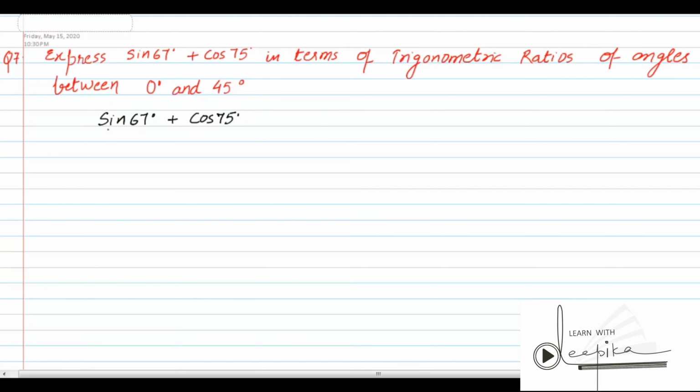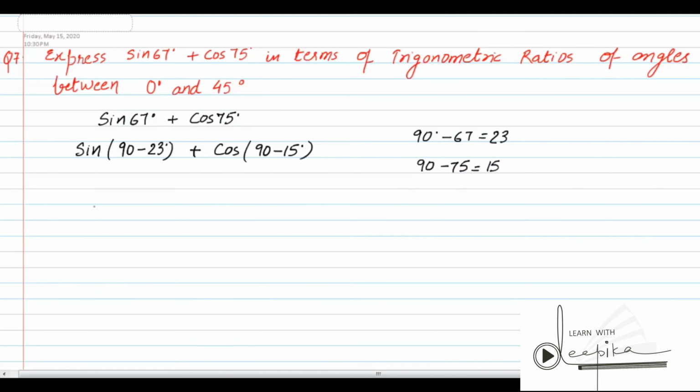We can convert sine 67 in the form of sine 90 minus theta, like 90 minus 67 is equals to 23, and 90 minus 75 is equals to 15. So you can write sine 67 as sine 90 minus 23 degree, and cos 75 as cos 90 minus 15 degree.